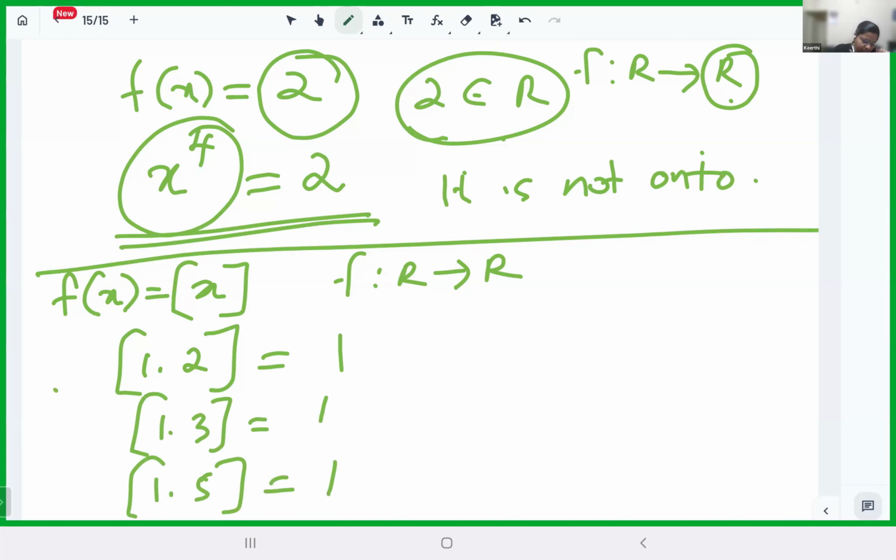So here, for different values of x, you are getting the same f of x.